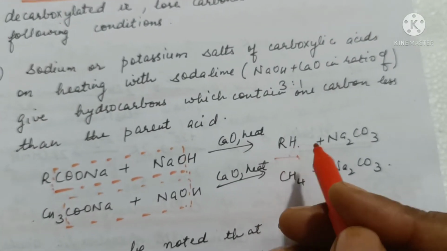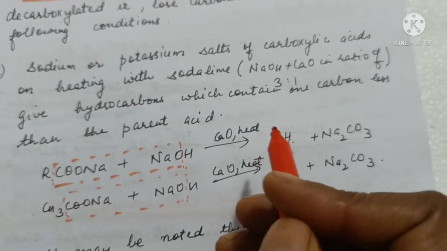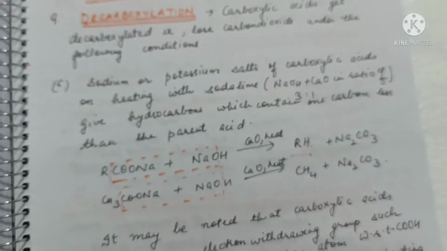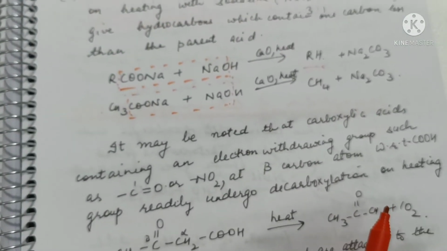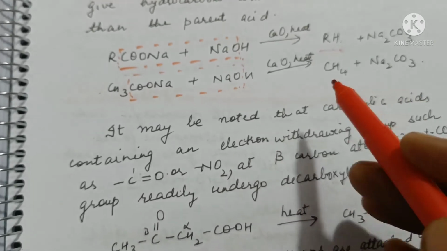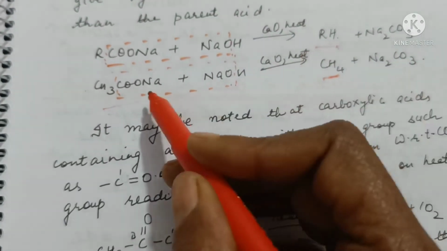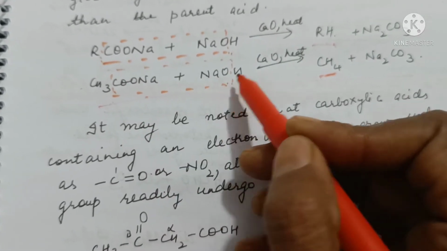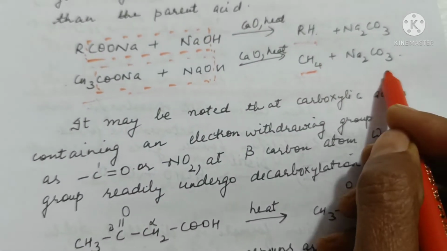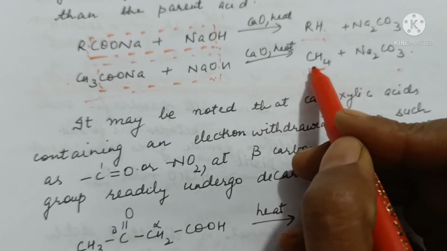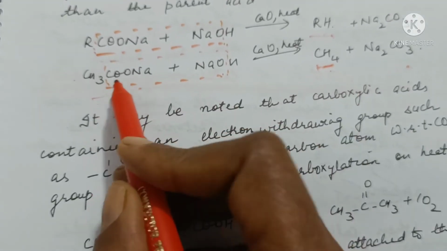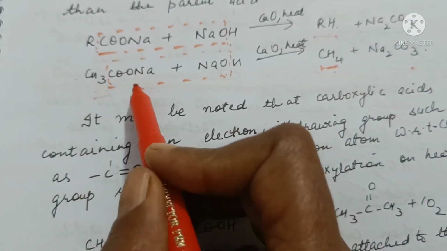So the alkane that is formed has one carbon atom less than the parent compound. This reaction for the formation of methane is the laboratory method of preparation of methane. Sodium acetate will react with soda lime to form methane and sodium carbonate. The methane that is formed has one carbon less than the sodium acetate that was used, which had 2 carbon atoms.